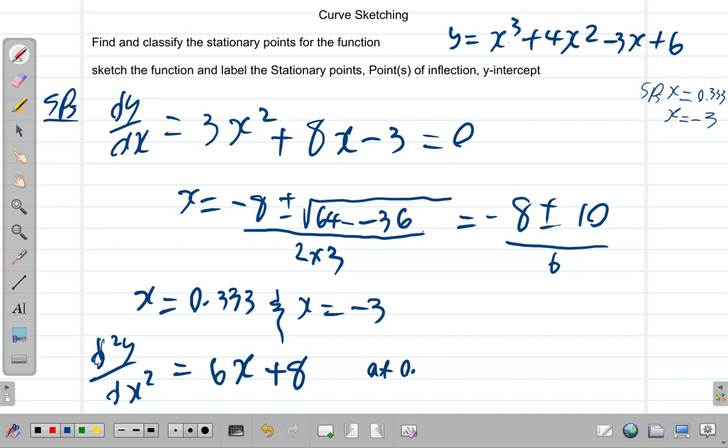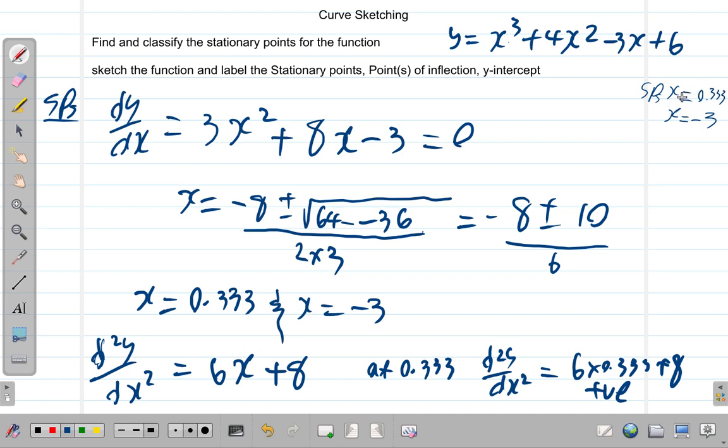Now, what happens at 0.333? At 0.333, d squared y by dx squared equals 6 times 0.333 plus 8. You don't really need the actual value; you know that this is positive. So the stationary point at this point will be a minimum.